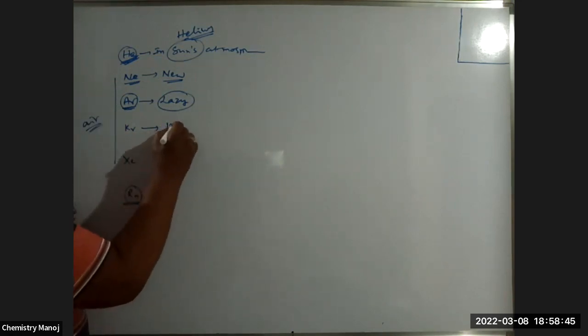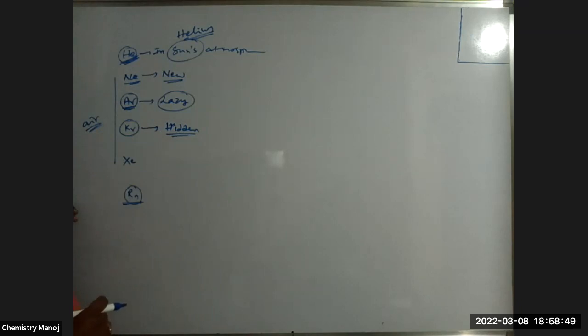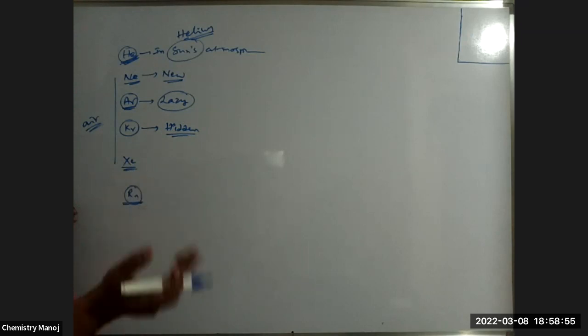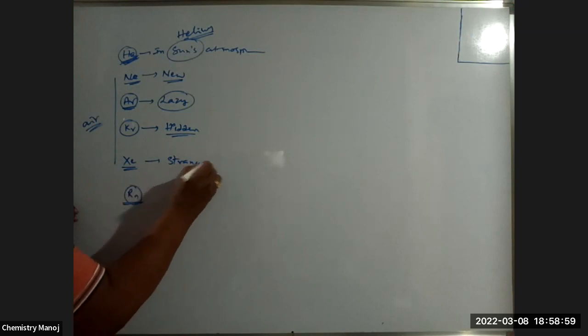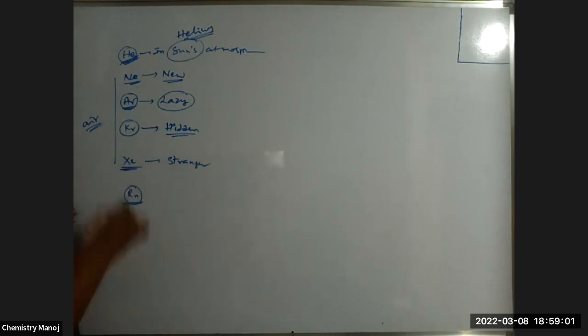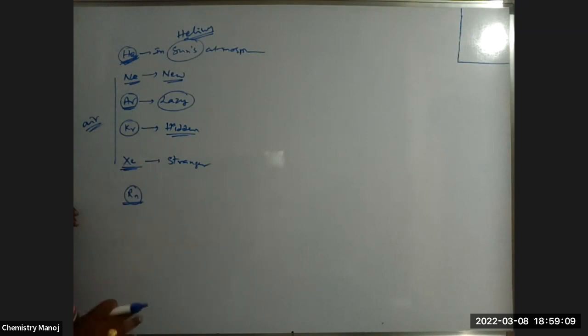That is krypton, which means hidden. Later, a new element was discovered that was a stranger to us, something we didn't know anything about. That stranger element is xenon. These are the reasons behind the naming of those elements.